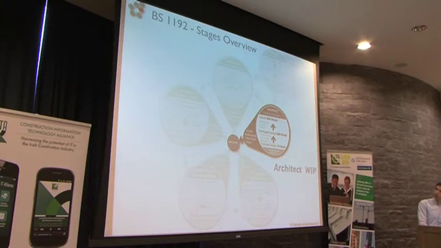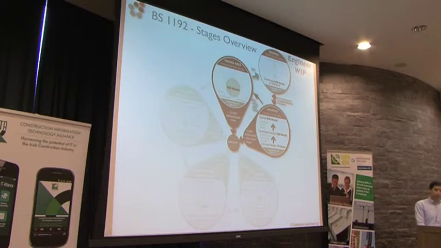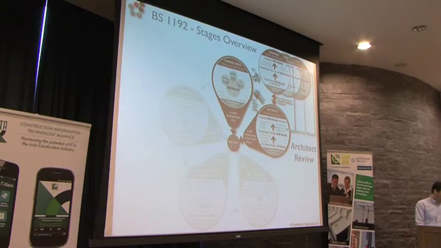So here you can see the working process from the architects, then it goes to the shared area. Every single bubble contains the information in relation to fit for purpose, fit for coordination, all the coding. It's slightly simplified, but that can be elaborated on. And you see when the file is being shared, and then the feedback is given back to the architects, and that happens a couple of times because of all the different parties involved.